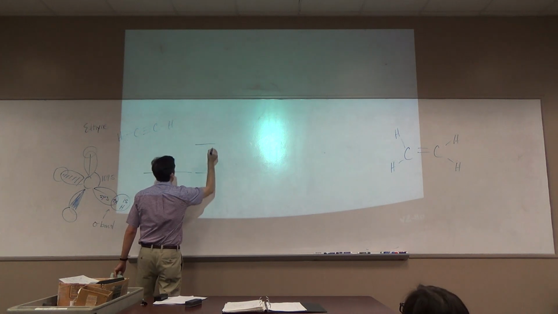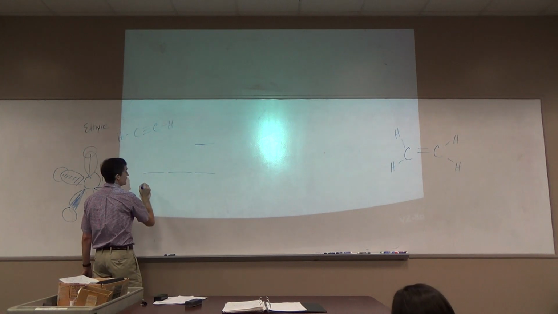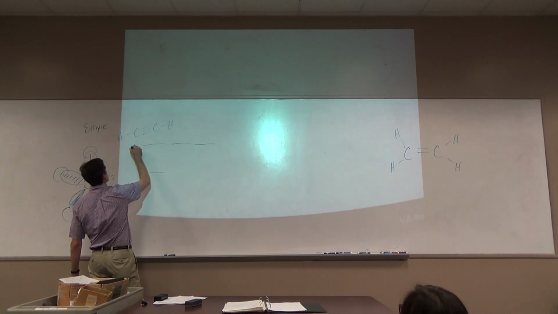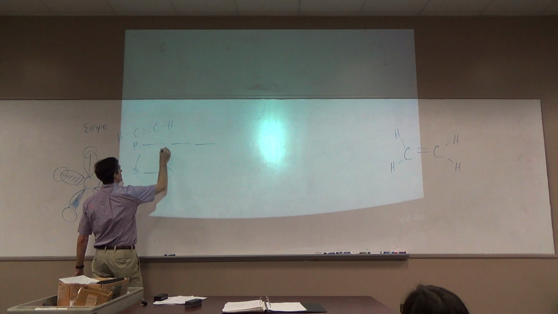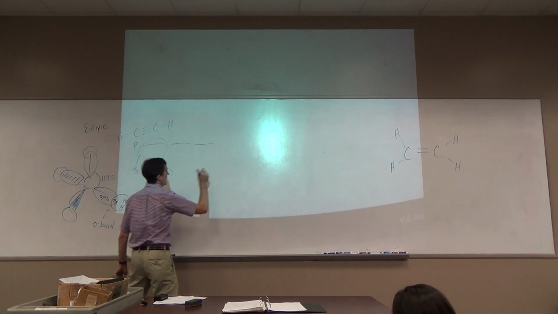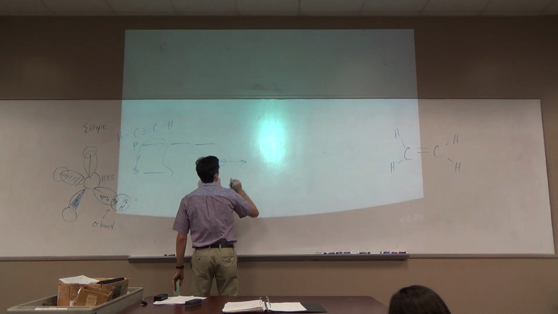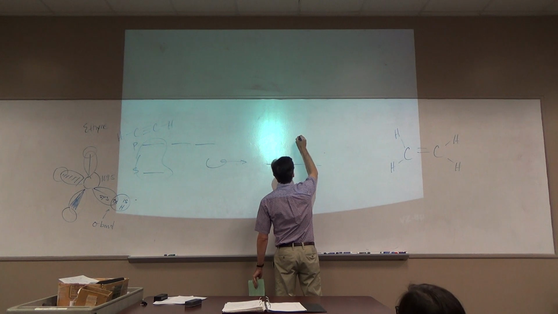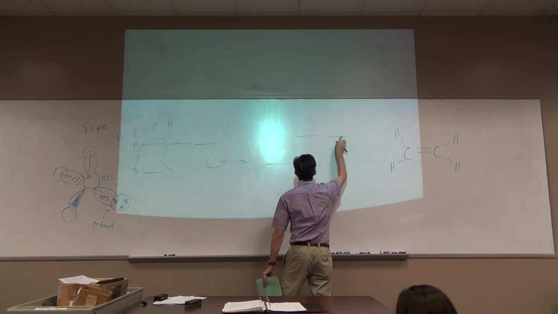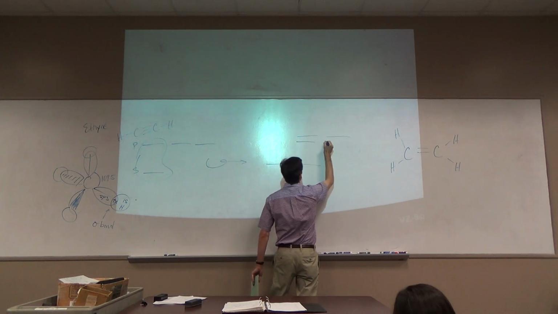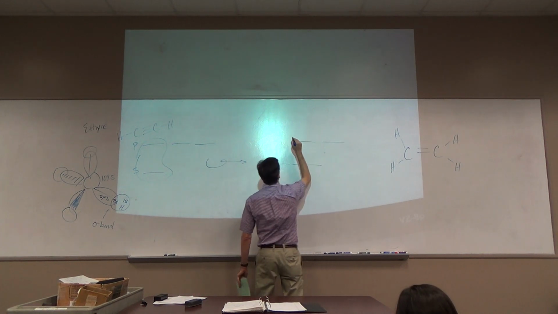I'm not. There's your ground state, right? We need 2 hybrids. That's not ground state. I should not erase. Ground state looks like this. We want 2. We're going to combine an S and 1 P. We're going to leave 2 P's behind. Okay? And so we get 2 hybrids. You can draw these wherever you want. Those are original. They should be the same energy. Those are P's.